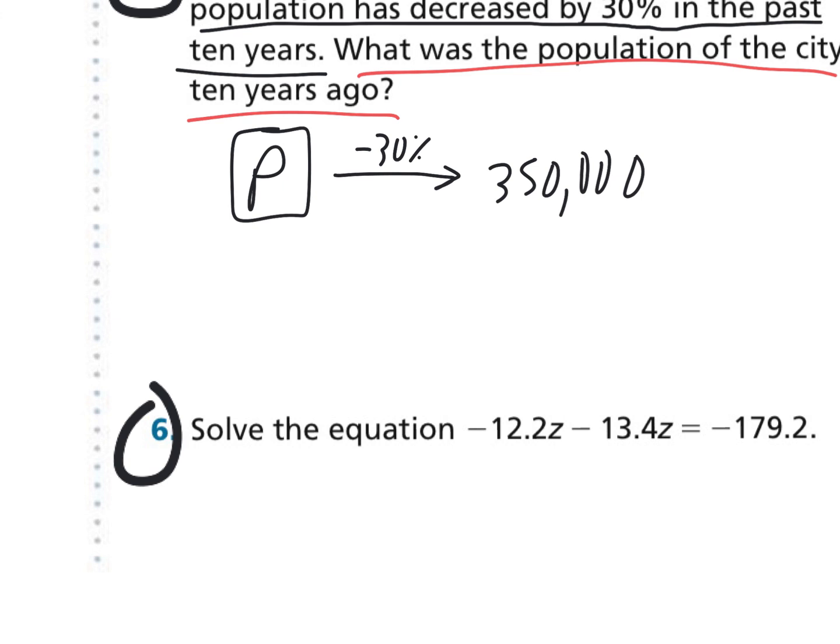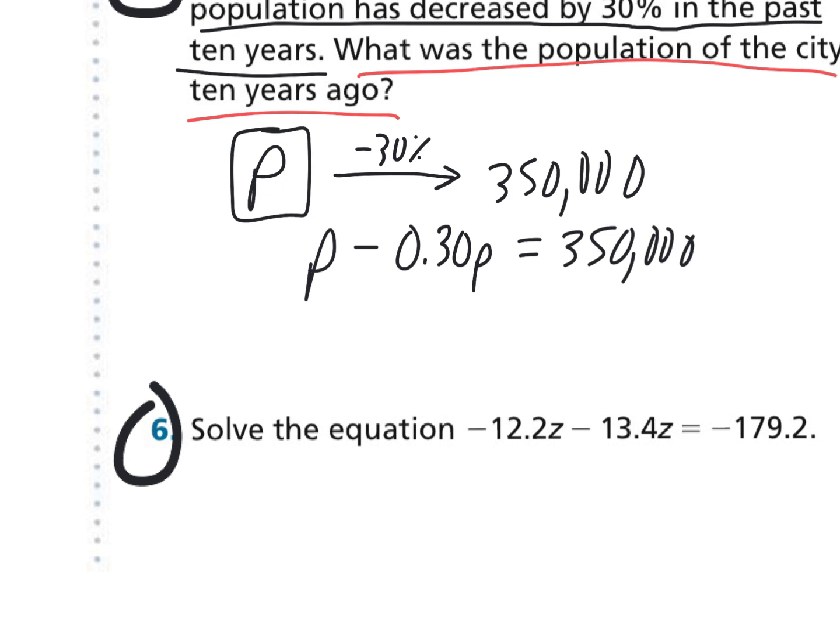So if we let P represent the population of the city 10 years ago. So one option for working this out, we could say we had the population, we took away 30% of the population, and now we've got 350,000.